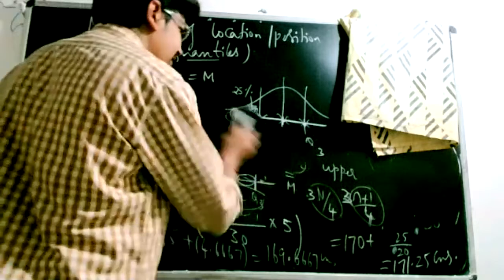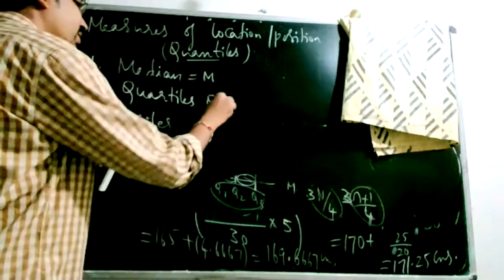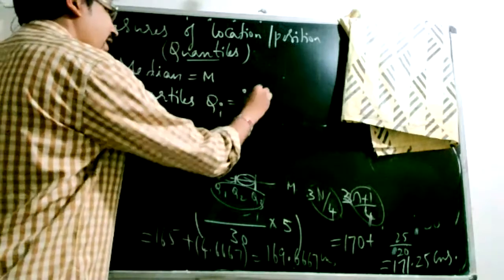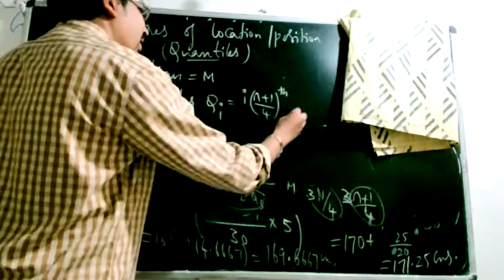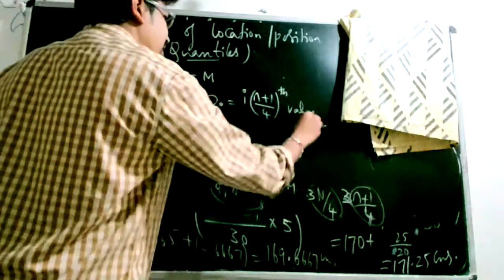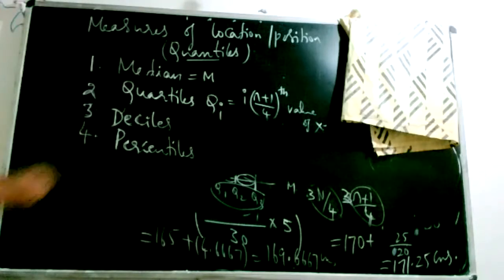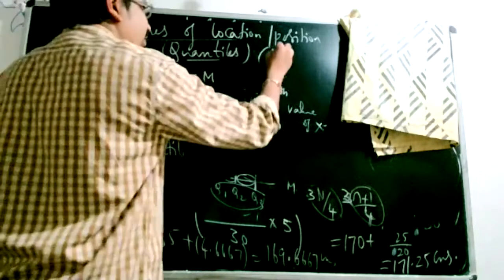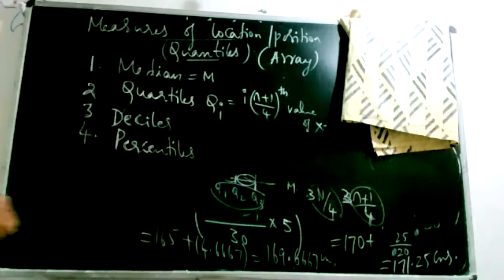So generally, this could be combined in a simple formula, and I could say Qi is equal to i into n plus 1 by 4th observation in raw data in the arranged data. So whenever we are talking about position, measures of location, you have to write the data in the increasing order.